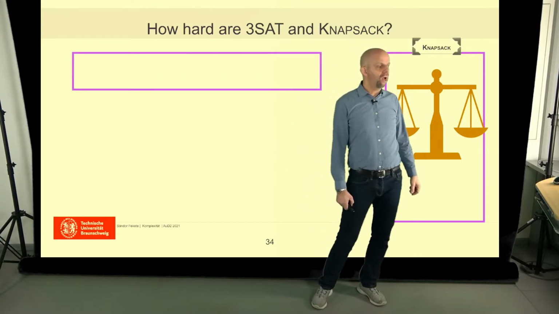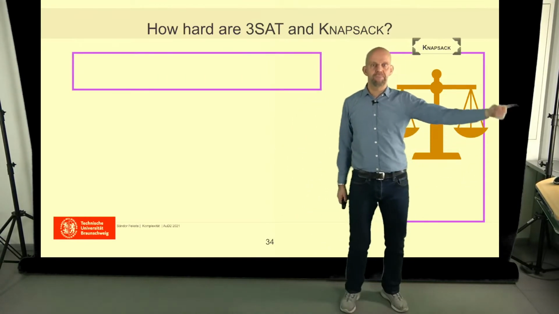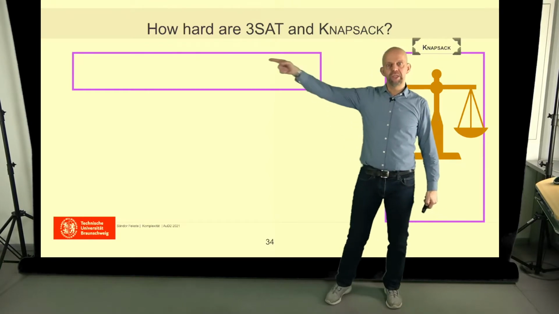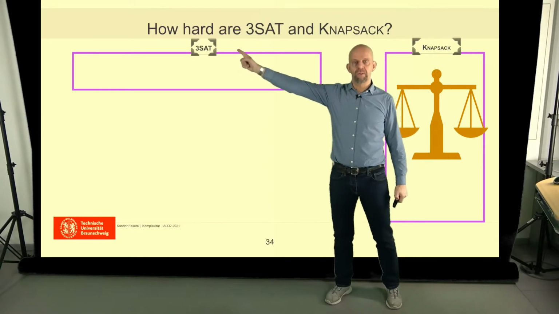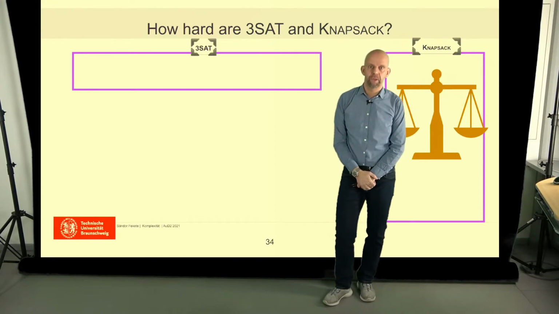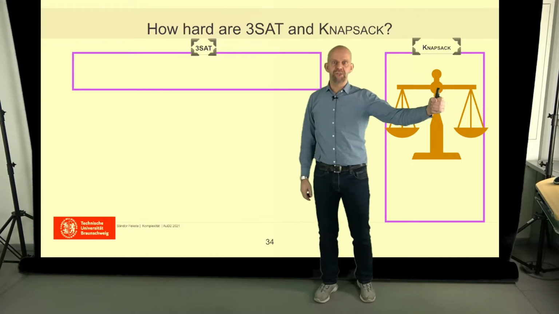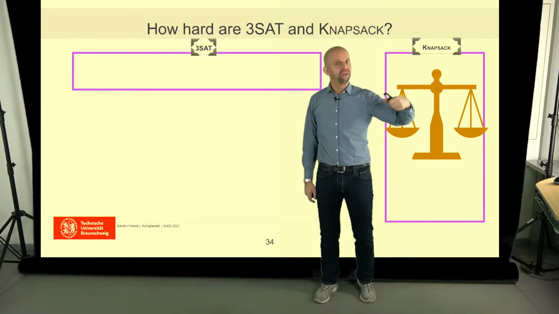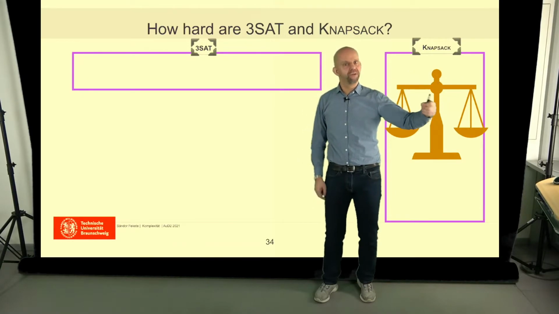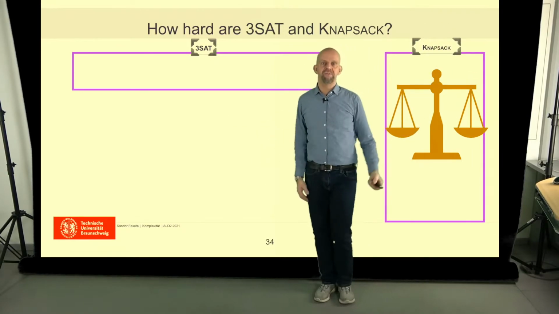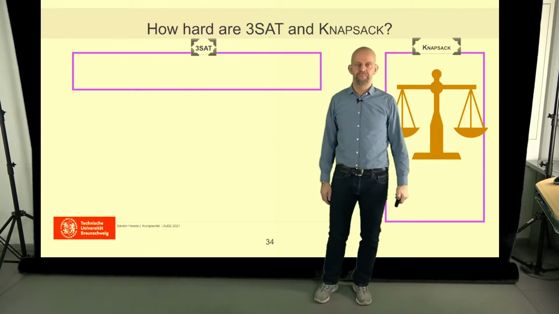So if you have an instance of knapsack, it is able to solve it. Now, over here, that's 3-satisfiability. So suppose we have this magic oracle that says, yes, you can do it, and it will do it in fast time, and it will give precisely the answer that you want.